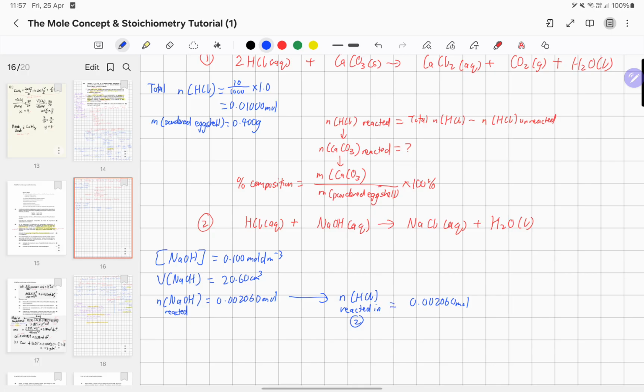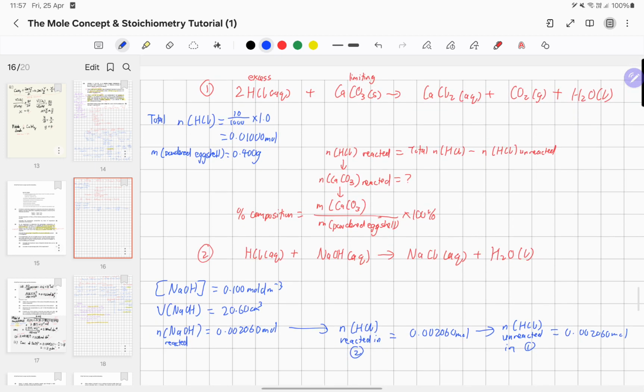Okay, and then when you look back at the question, you realize that this is also the same as the number of moles of HCl unreacted in reaction 1. So this is 0.002060 mole.